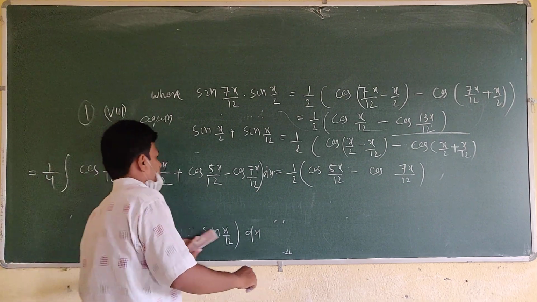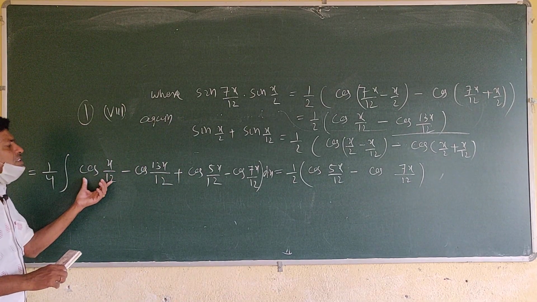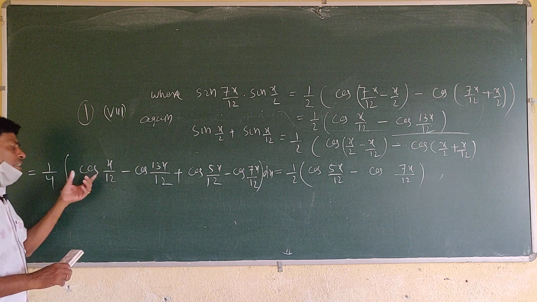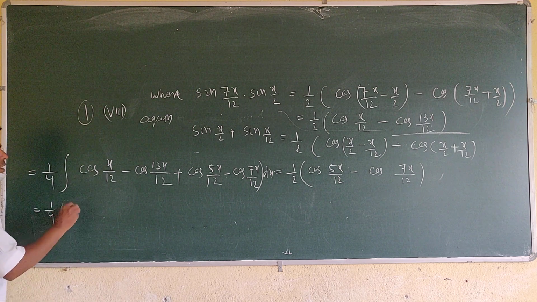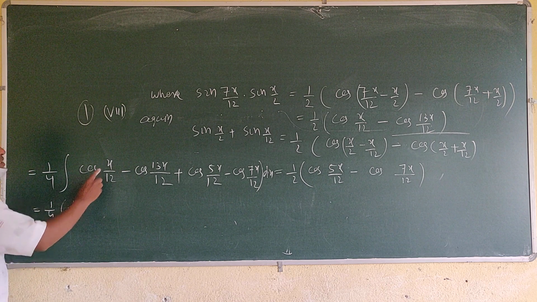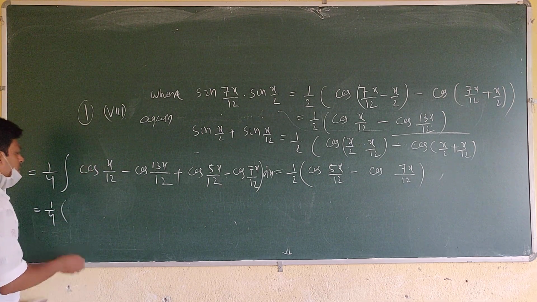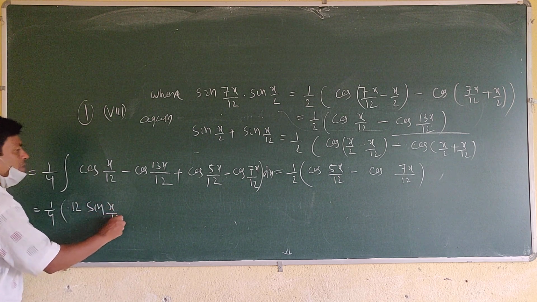Now when we integrate cos theta, the integration of cos is only sin, not negative; the integration of sin is negative. Here the integration of cos is positive. Now 1 by 4, and because 1 by 12 is multiplied, 12 is the reciprocal, so it is 12 sin x by 12.